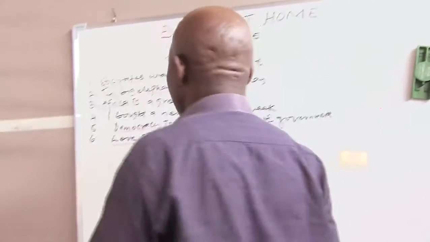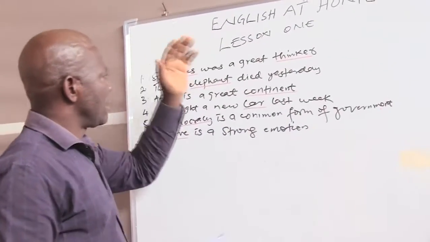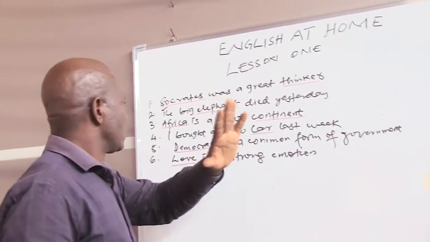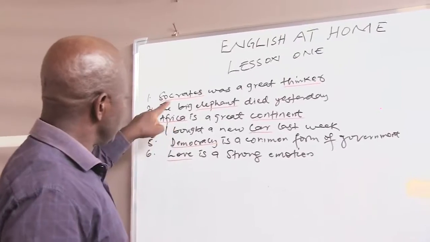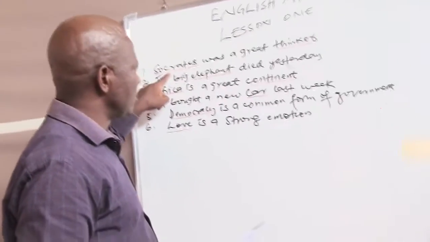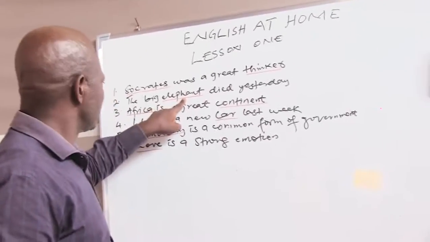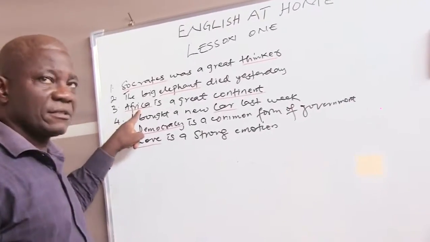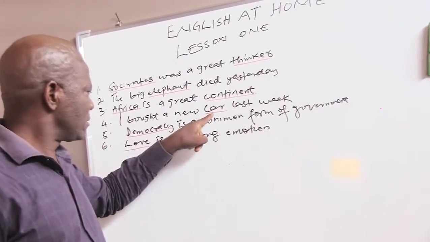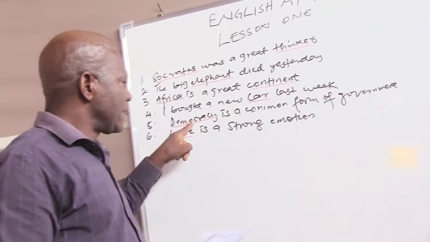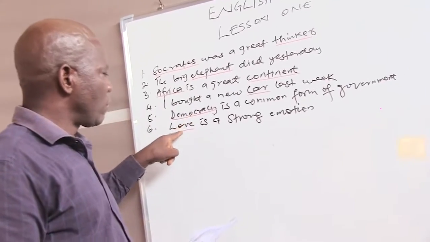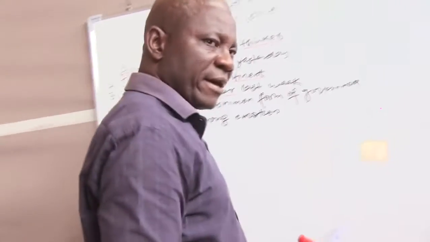So now you can see our definition that a noun is the name of a person, animal, place, thing, an idea, or quality of mind.